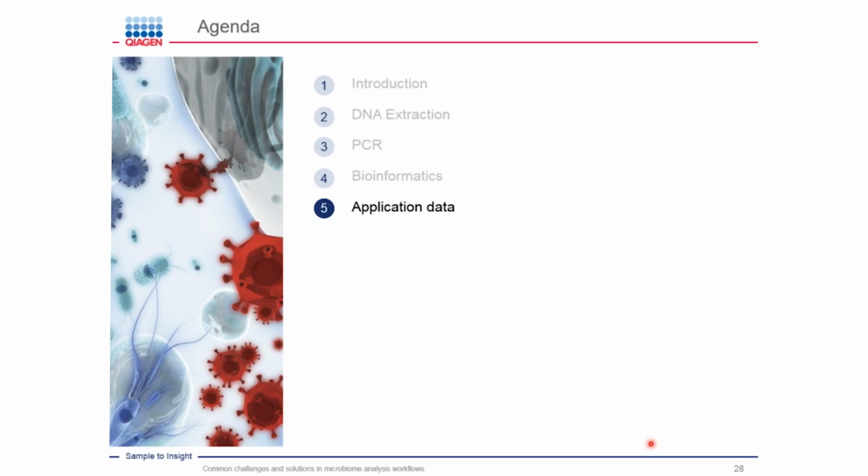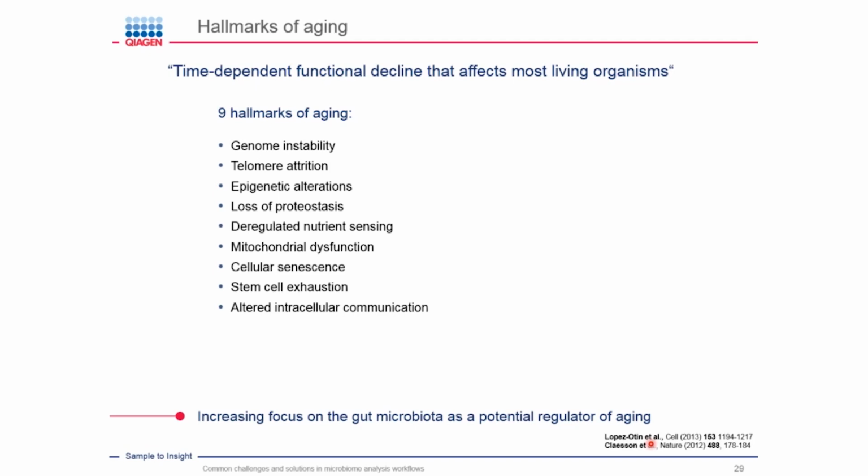As said in the beginning, I would like to end my talk by showing you some application data. During the last decades, I have to say, more and more people were looking at aging and the impact of aging on the human being. In the beginning, people like Hayflick, for example, looked at human cells and what happens to the cells. So, for example, Hayflick identified the Hayflick limit, which is, in the end, the cellular senescence.